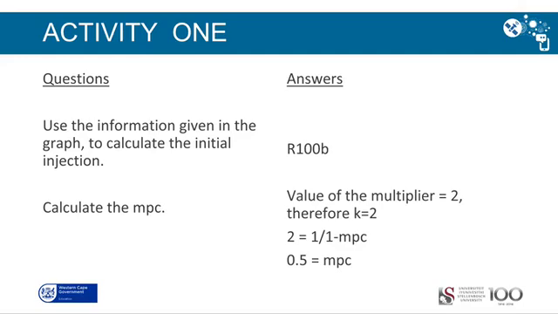So therefore, MPC is equal to 0.5. Okay? For those of you maths people, what we are doing is taking the 1 from this side and taking it over to that side, right? So that 1 becomes 1 over 2, and 1 over 2 is equal to 0.5, right? So 0.5 is equal to your MPC.